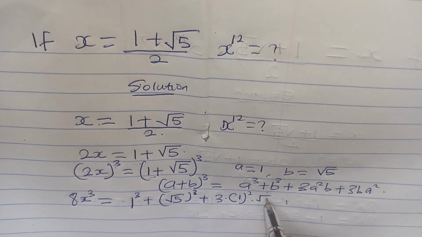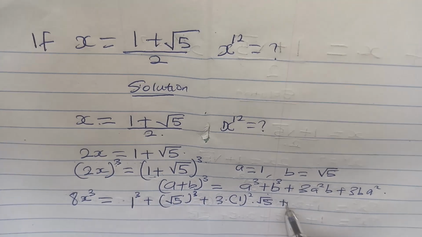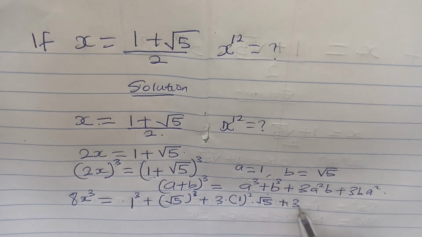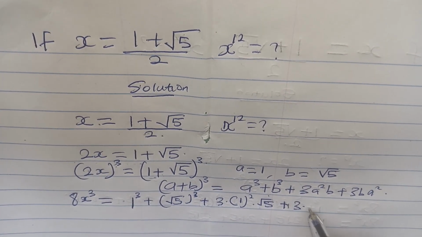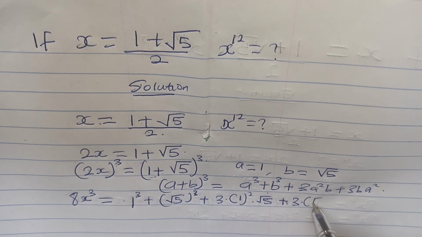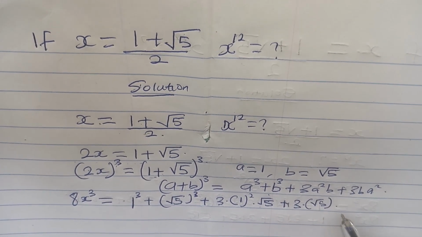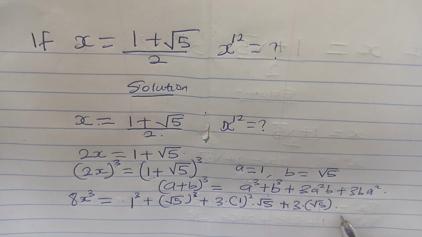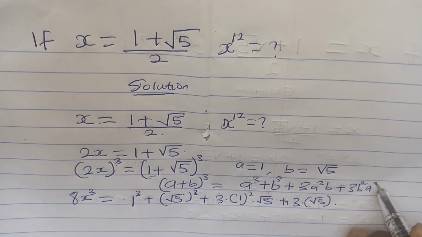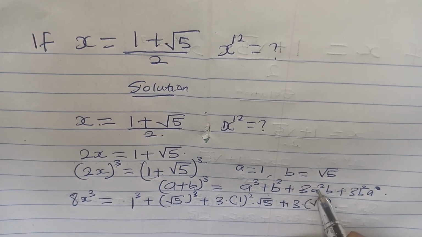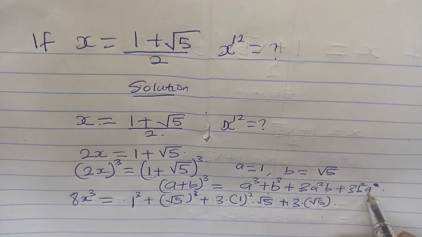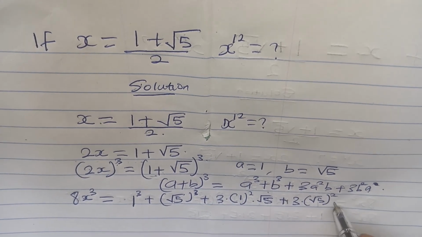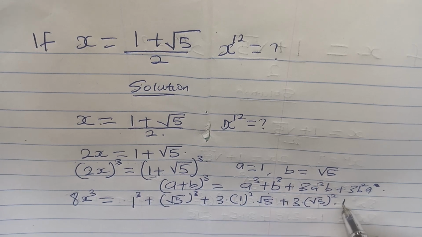Root 5, plus 3 times, where's your b? Root 5, sorry, this is b squared. We're having b squared here: 3a squared b plus 3b squared a. So we're having the square here times a, which is your 1.